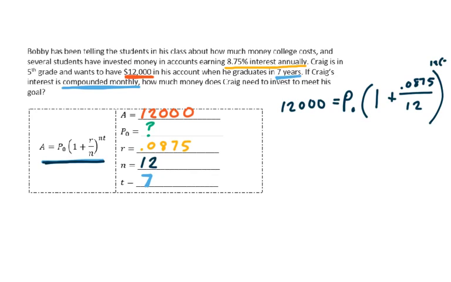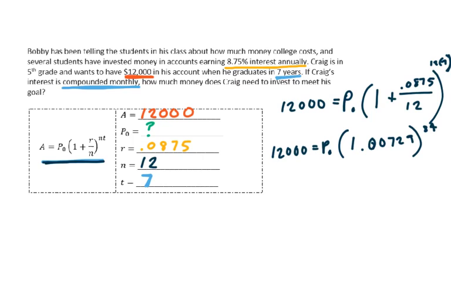This is very squished. We have 12 times 7 up here. So when we simplify this, we get 12,000 is equal to P times 1.00729 to the 84th power.